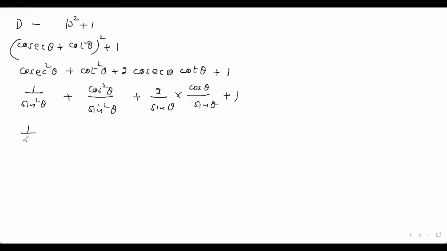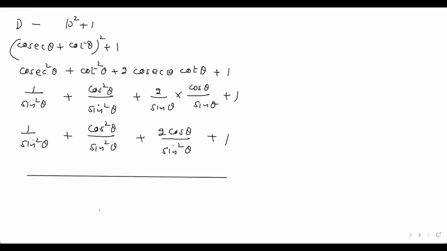That is 1 over sine square theta plus cos square theta upon sine square theta plus 2 cos theta upon sine square theta plus 1. The LCM is sine square theta. I'll have 1 plus cos square theta plus 2 cos theta plus sine square theta.